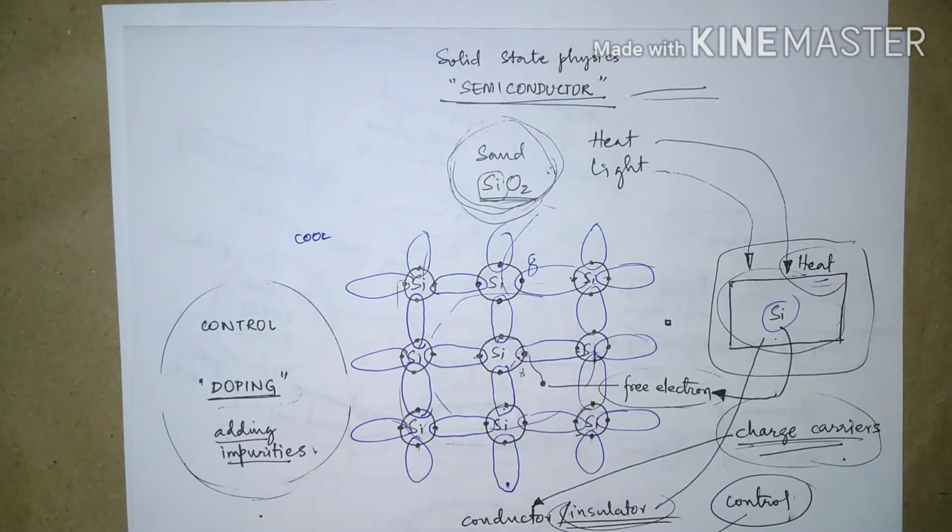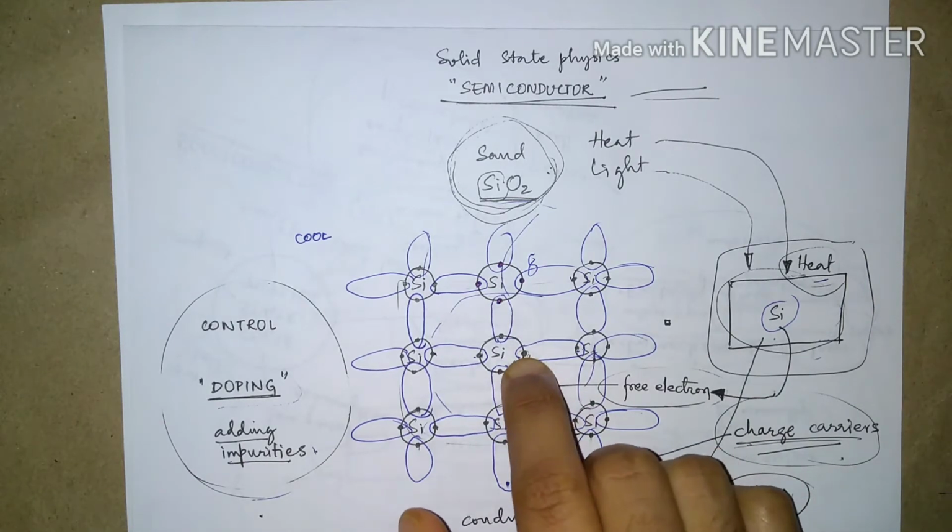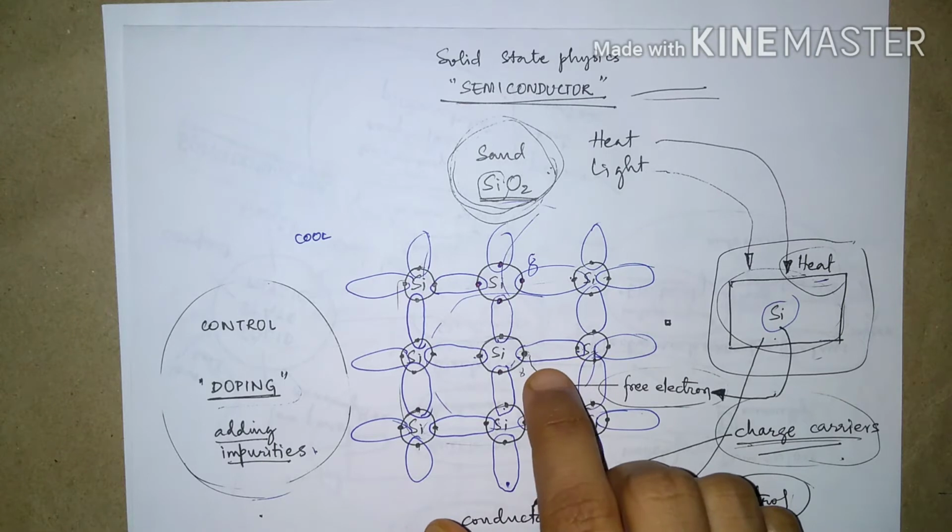But when it is slowly coming to room temperature, or when the atmosphere around it is increased, then heat is also one form of energy. That energy in turn energizes these electrons.